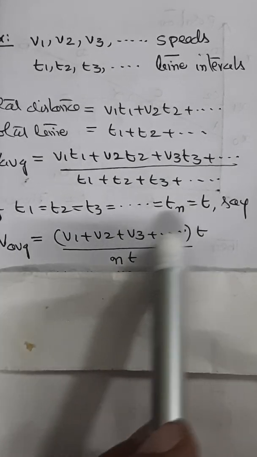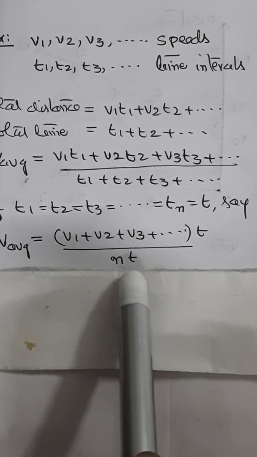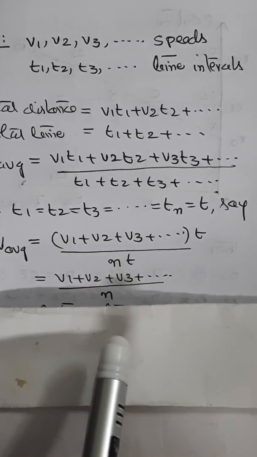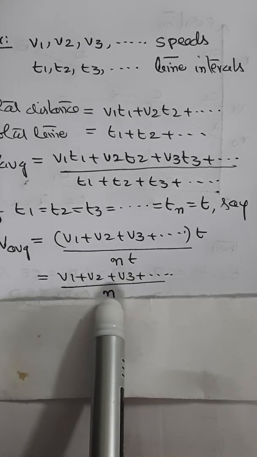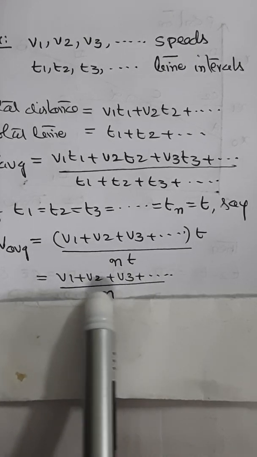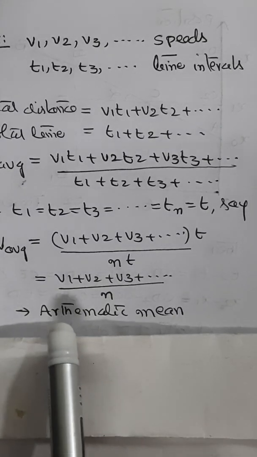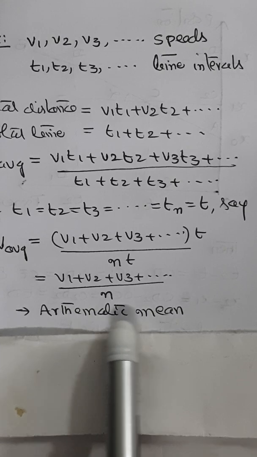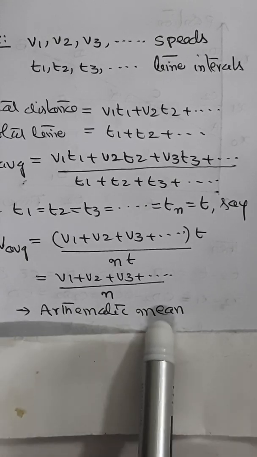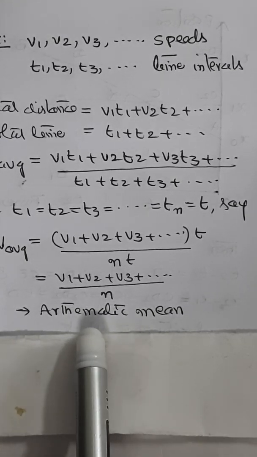The t in the numerator and denominator can be struck off, and we can write it as v1 plus v2 plus v3, etc. by n. This is nothing but the arithmetic mean. Therefore, in that case, average speed is equal to the arithmetic mean of the individual speeds.